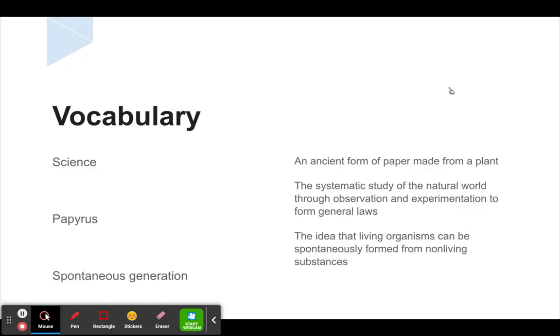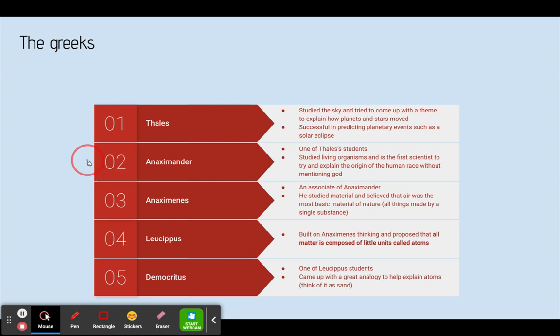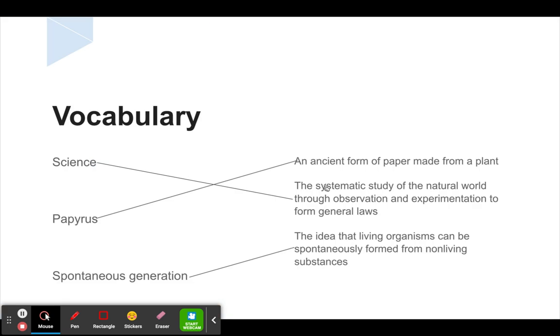You can pause the video if you want to do the vocabulary. I'll give you a few seconds to pause the video. I chose the most important words. Science is a systematic study of the natural world through observation and experimentation to form general laws.